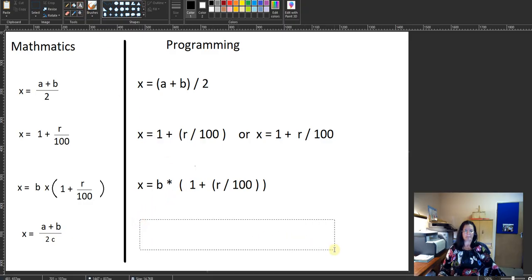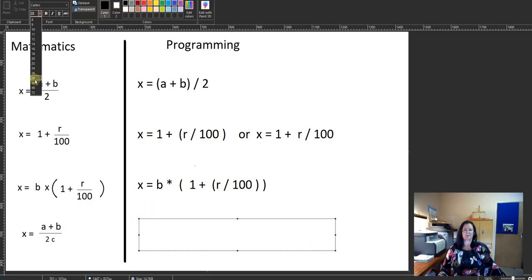My formula will thus look as follows. X is equal to, take A and add B, and then divide the result by 2 multiplied by C. Okay, now in programming, I need to state the multiplication explicitly.